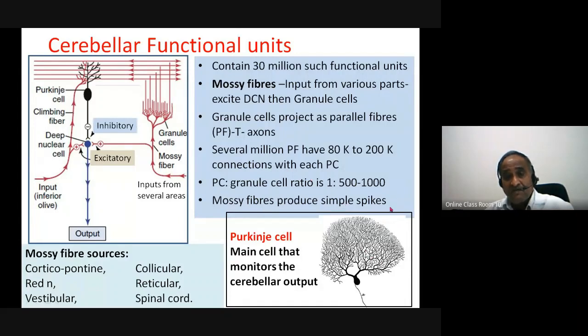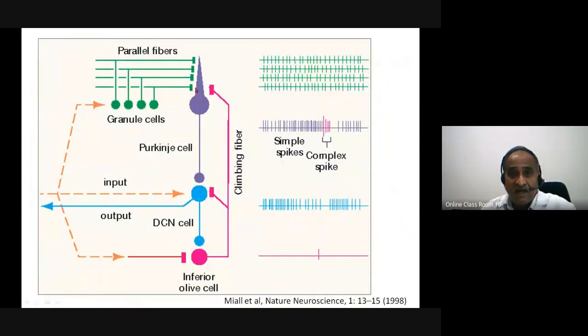The mossy fibers produce simple spikes. I said they make only single action potentials. Here is an example of the mossy fiber activity. You can see the single action potentials, and this is the recording electrode placed over the Purkinje cell. This is the Purkinje cell activity.